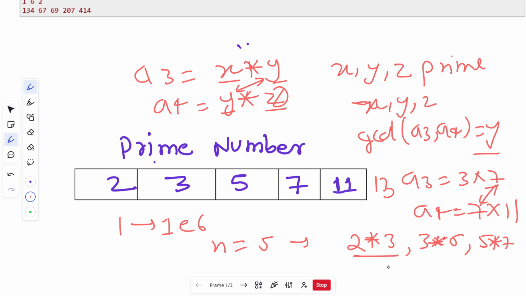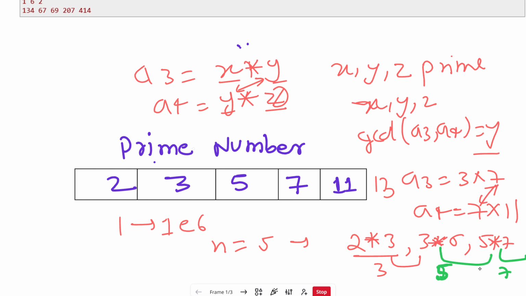The GCD of the first two is 3, then 5, and after this 7. So each GCD will be unique, or you can say distinct.